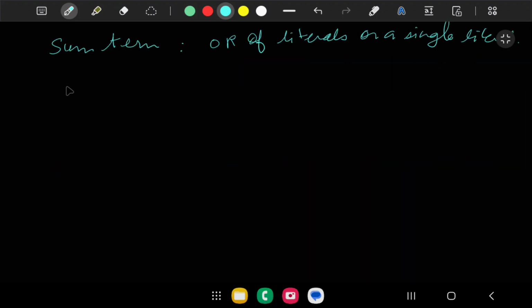For example, this is a sum term, this is a sum term, this is a sum term, this is a sum term, right?